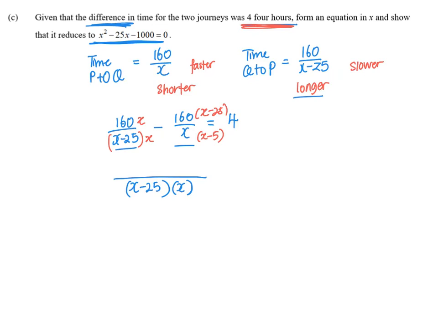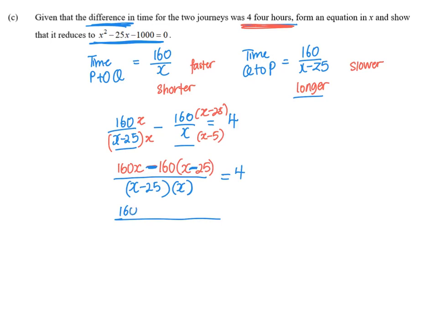Okay, let's try to work this out. We will have 160x subtract, be careful of the subtraction sign, 160 multiplied by x minus 25, equals 4. Take note that there is a negative and a negative down here, so when we expand, please be very careful.